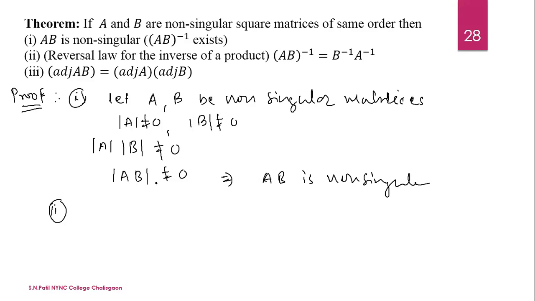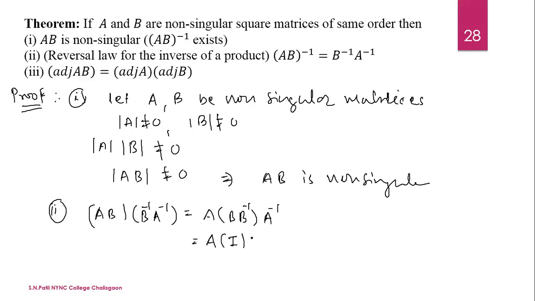Now proving the second one is very easy, the law of reversal. For the second, we consider the product AB into B inverse into A inverse. Now it can be written as A into B into B inverse into A inverse. What is the value of B into B inverse?